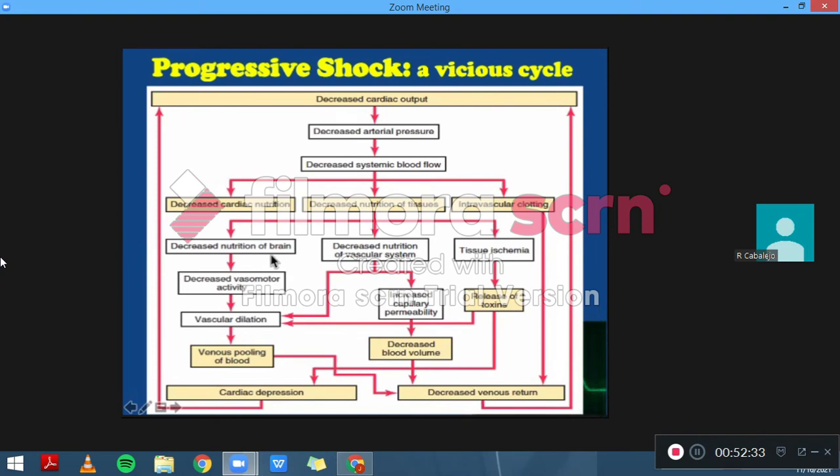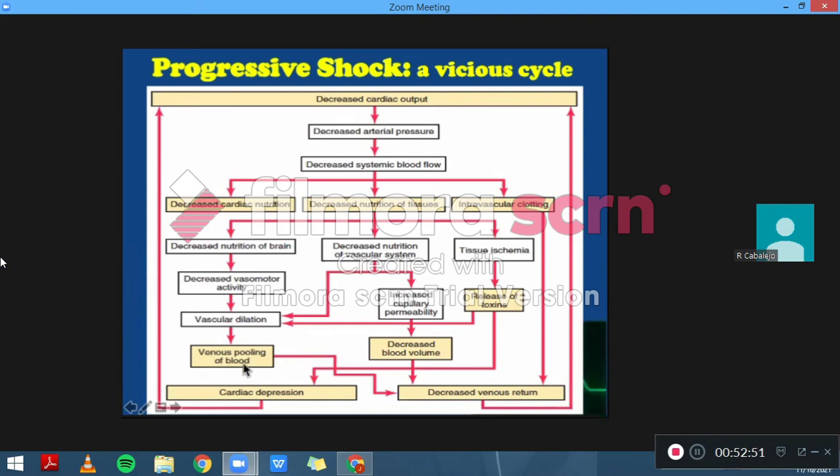All of this may decrease nutrition to the brain because of the decreased blood flow, and because of that, you would have decreased vasomotor activity, not just in the brain, but systemic, and then systemic vascular dilatation, all of which will promote venous blood pooling.